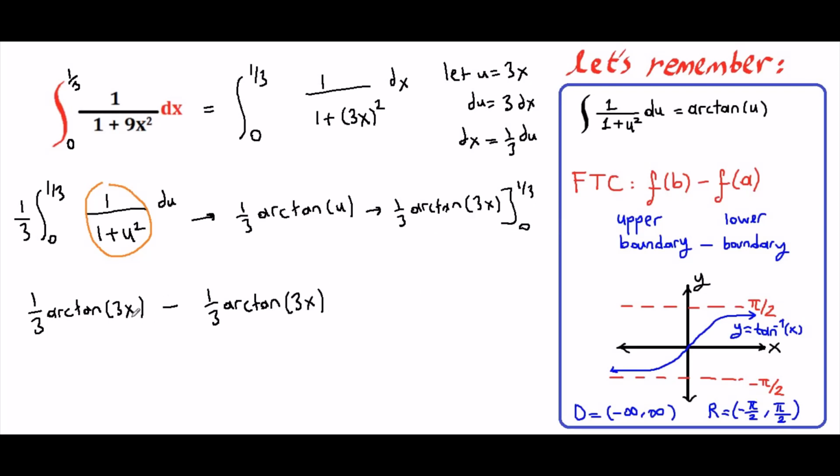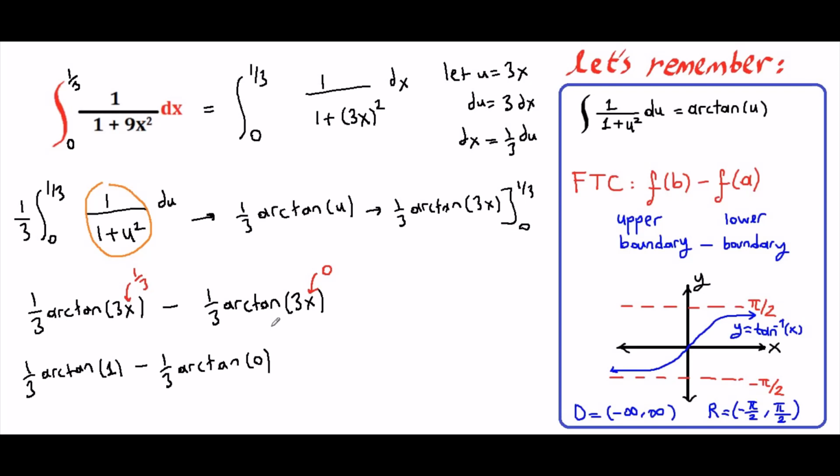Our upper boundary is 1/3, so we insert 1/3 here, and our lower boundary is 0, so we insert 0. So we will have 1/3 arctangent of 3 times 1/3, which is 1, minus 1/3 arctangent of 3 times 0, which is 0.